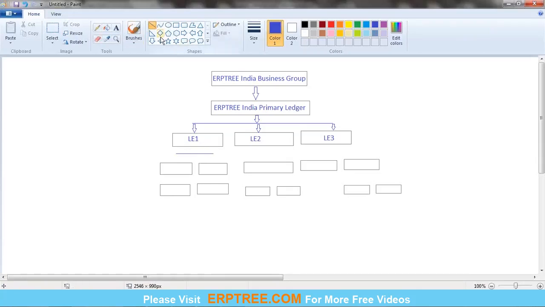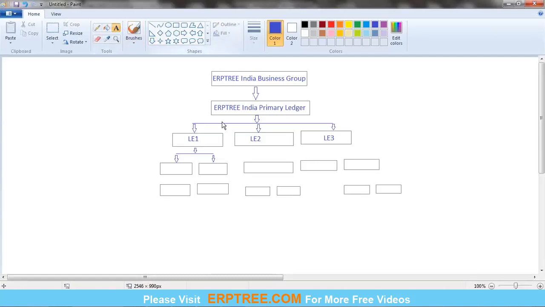Okay, so here I'll say under this legal entity we have two operating units. So it's OU1, or you can write the exact name. Since we have this very small box representation, I'll say OU1.